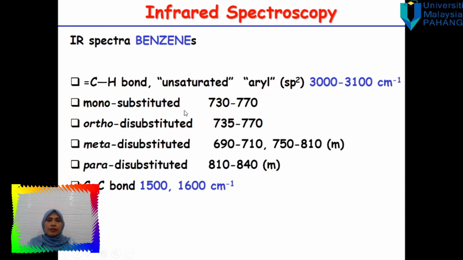In the benzene ring, we can differentiate between ortho, meta, and para with the different frequencies. Mono substituted, ortho substituted, di substituted, and meta have two regions, and para is higher. The C double bond C is 1500, 1600.